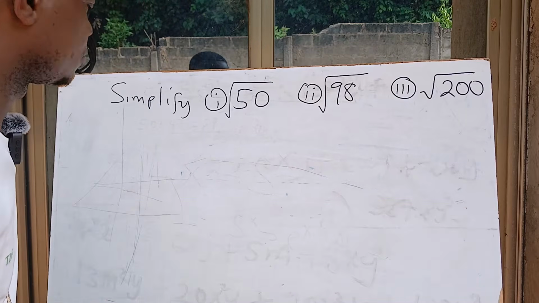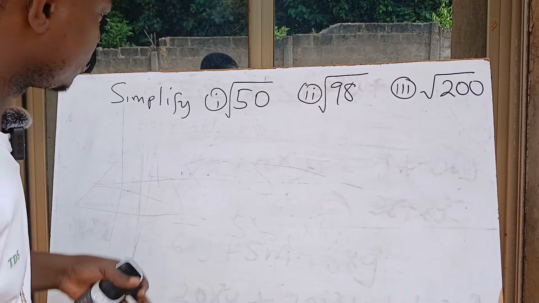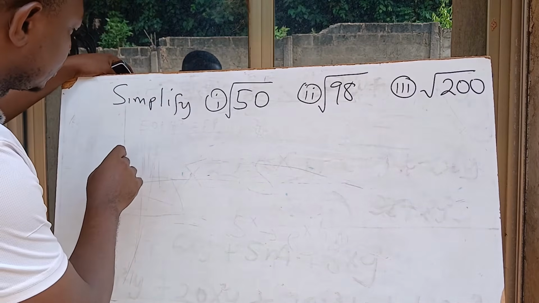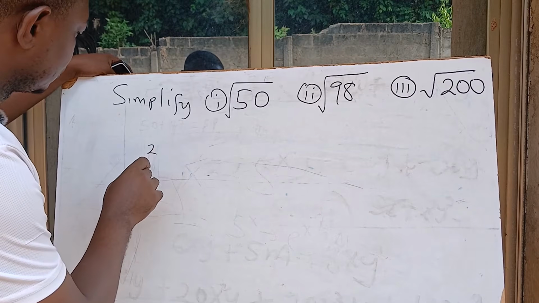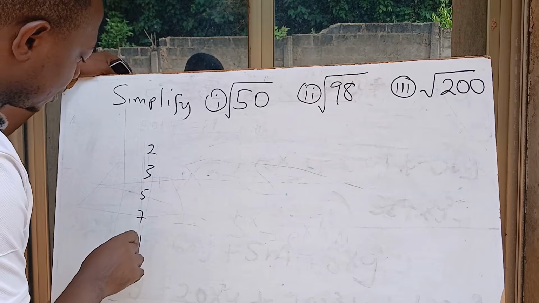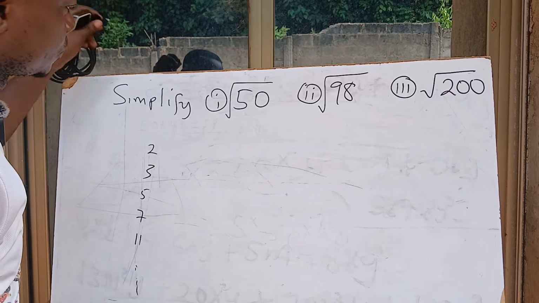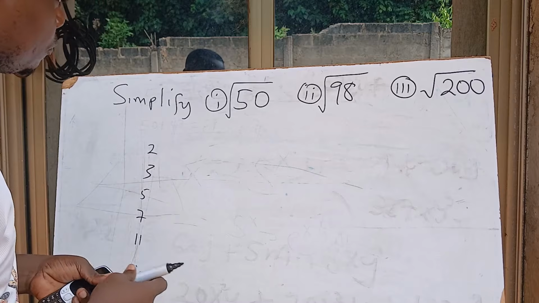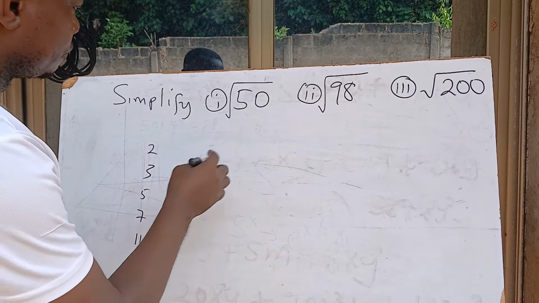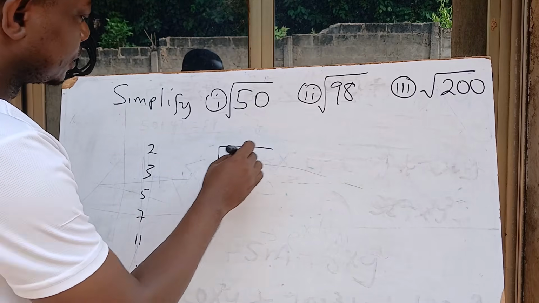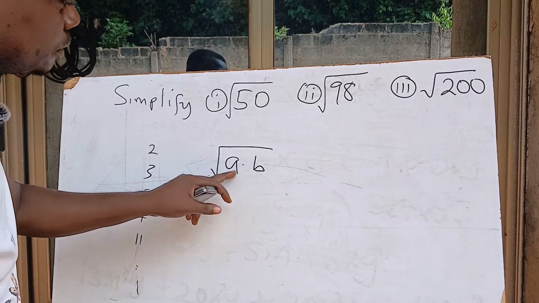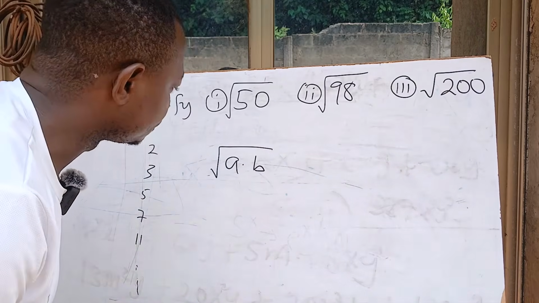At times we use prime numbers to test: 2, 3, 5, 7, 11, and what have you. To write this in basic form, we need two things. You write this 50 as something times something, whereby one should be a perfect square.